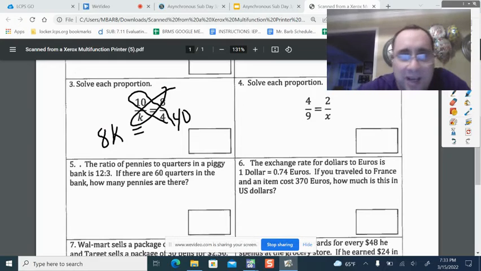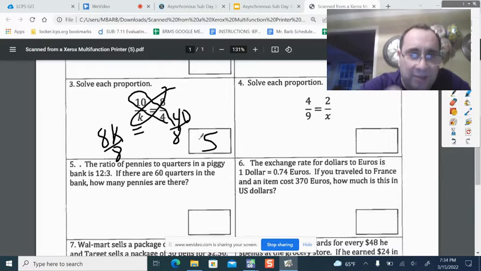This would be the same as your one-step equation. Opposite of multiplication is dividing, okay? And you would divide both sides by 8. So k, if you divide both sides by 8, 40 divided by 8 is 5, okay?